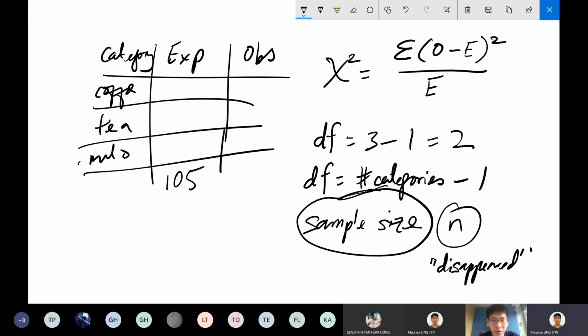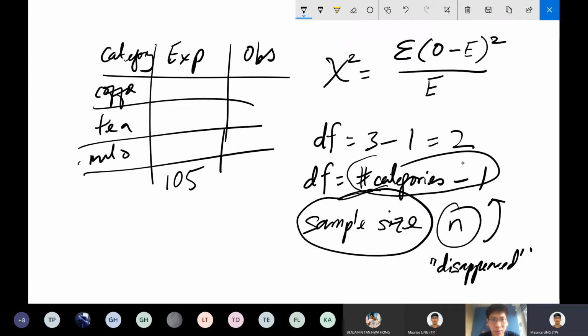Okay? Which actually makes chi-square very simple to do. Because even your degrees of freedom in your t-statistic, your t-test, your ANOVA, your degrees of freedom deals with sample size. But in chi-square, your degrees of freedom doesn't deal with sample size. It vanishes.